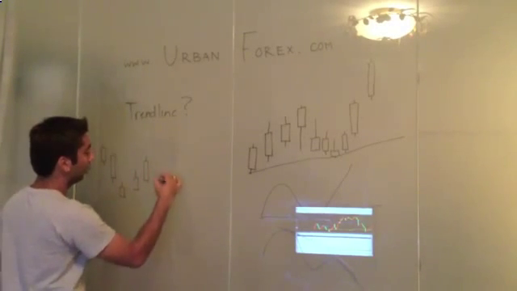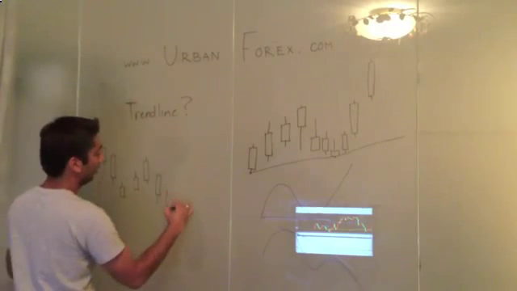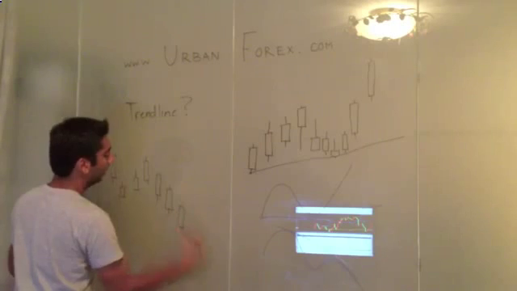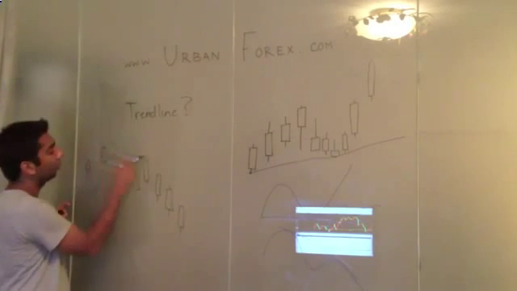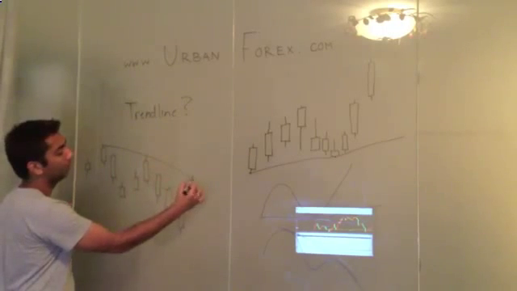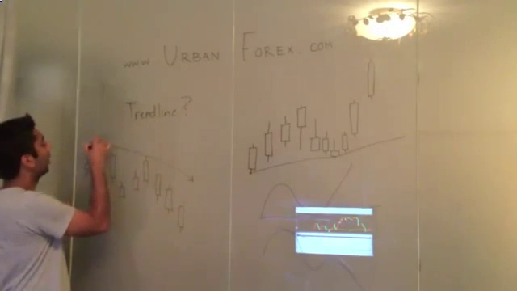And then it continues down again. This is a downtrend example. You connect your tops from here to there. Gives you an idea which way the market is going.